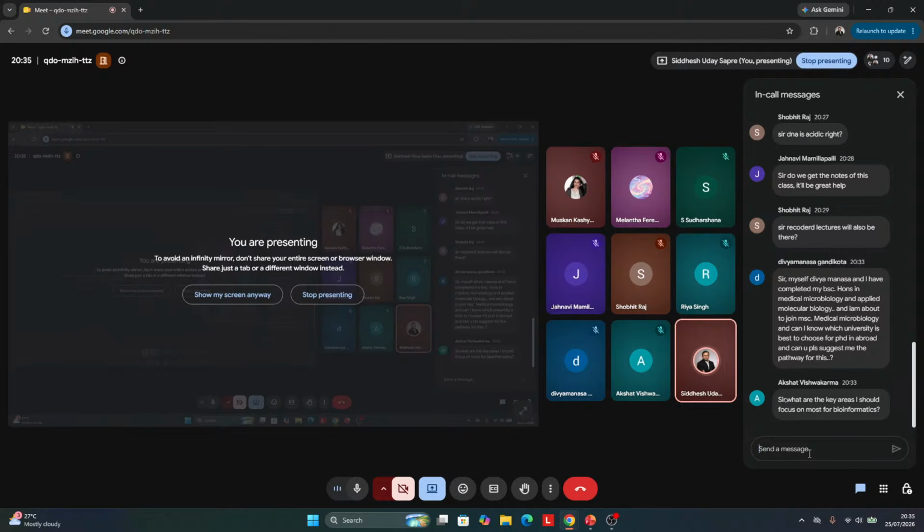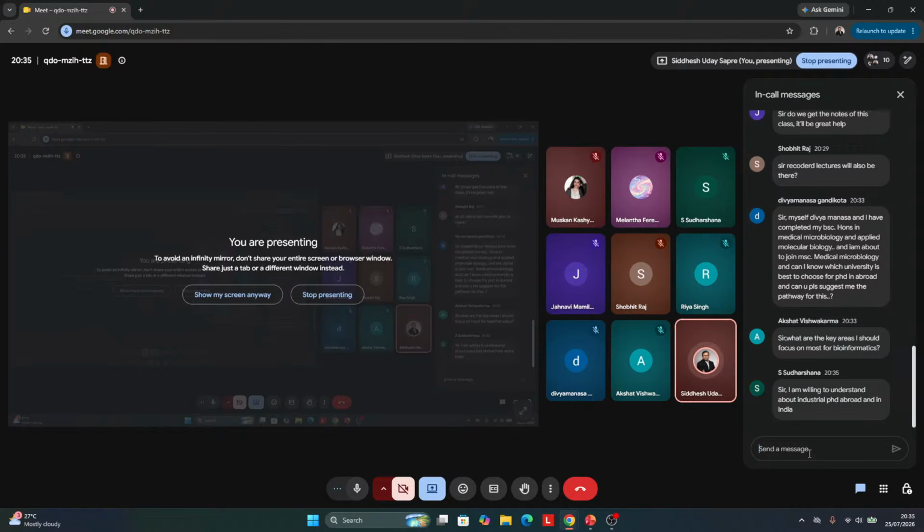You don't need to look at the rank of the university, but make sure that you are doing your PhD in something that interests you and that will make you gain significant knowledge. So Divya, first look for the topic of your interest, and then look at the university to choose for your PhD abroad.